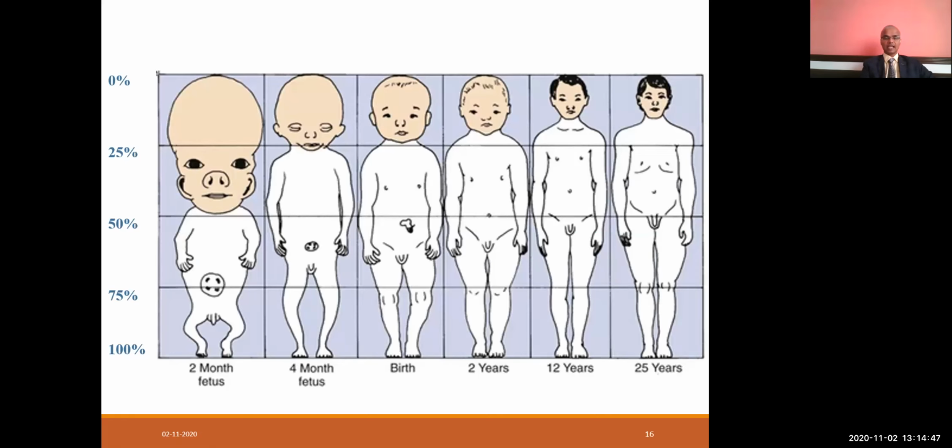Like in this diagram, in prenatal growth time, like 2 to 3 months of fetal life, the head is about 50% of total body.